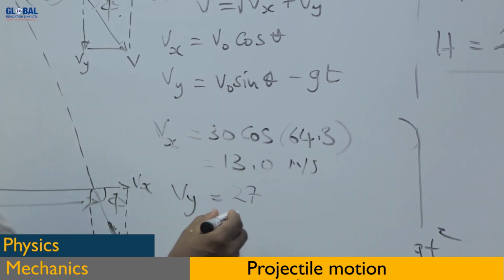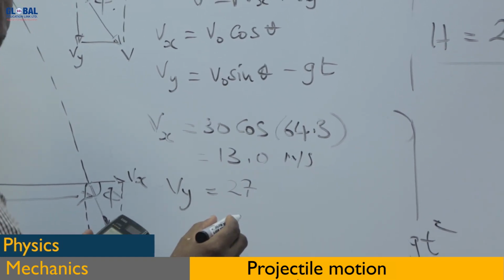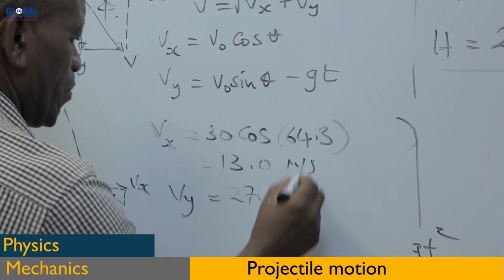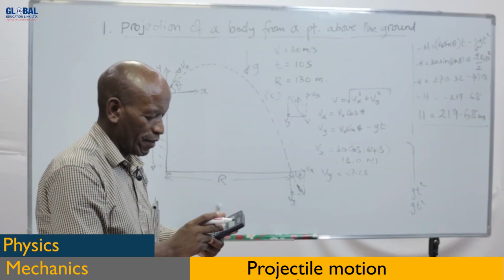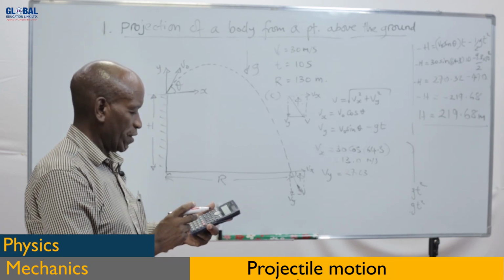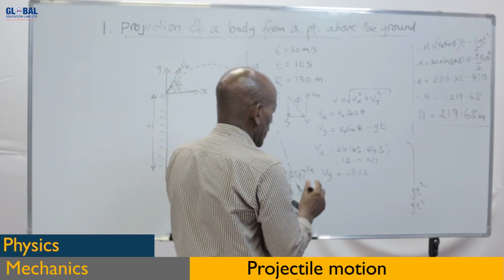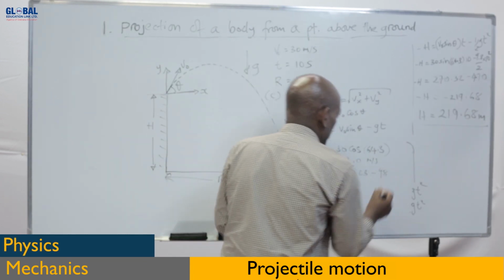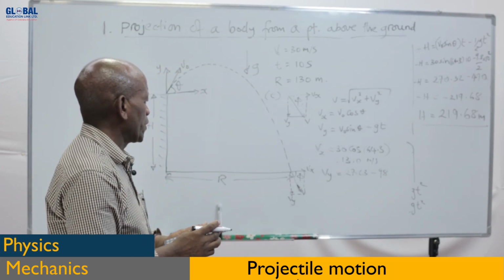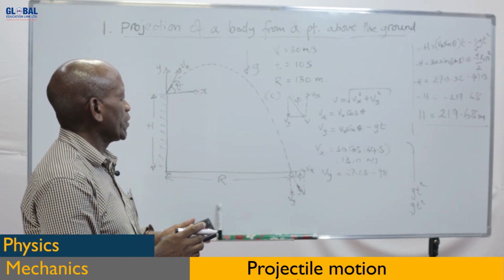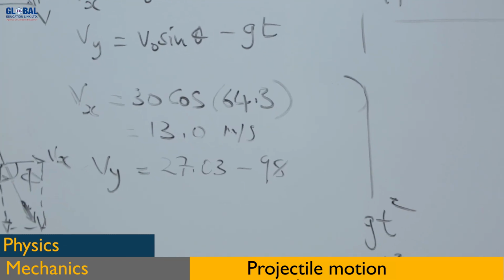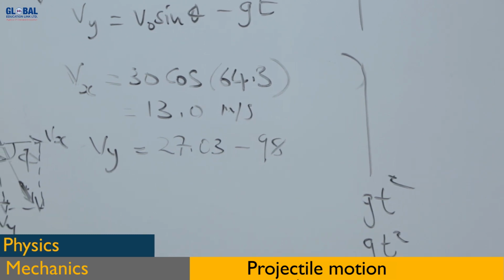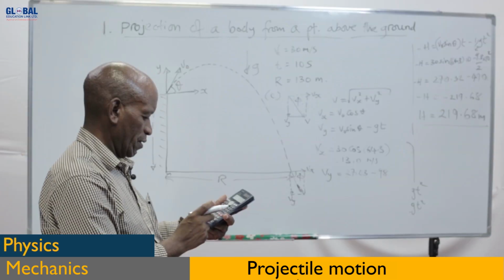We are going to get 27.03, minus gt, that is minus 9.8 times t, the time of flight, which is 10. That will be equal to 98. So if we take the difference, we get 27.03 minus 98.